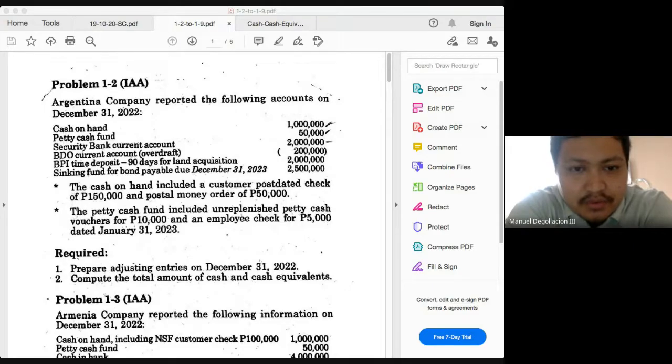Now we have an employee check here for 5,000. This can be interpreted as a reimbursement or a payment by the employee who perhaps used a portion of the petty cash fund. Ordinarily that would have been fine, but the problem is the check is dated January 31, 2023.